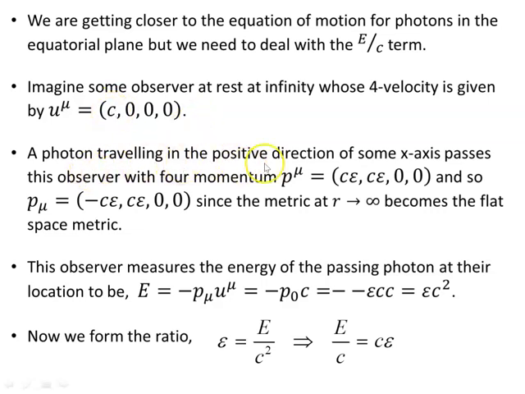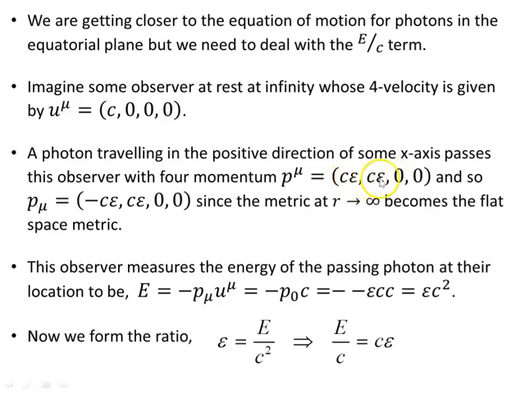Now a photon traveling in the positive direction of some x-axis passes this observer. So you've got this photon passing the observer towards their right, positive x direction, headed off towards the source mass. The observer sees this photon pass with a four-momentum, and these factors here are c times epsilon.